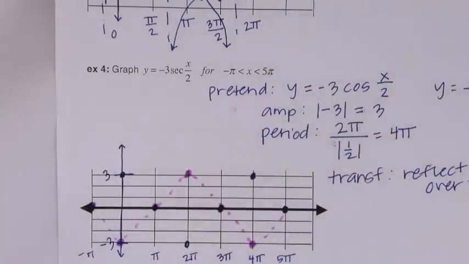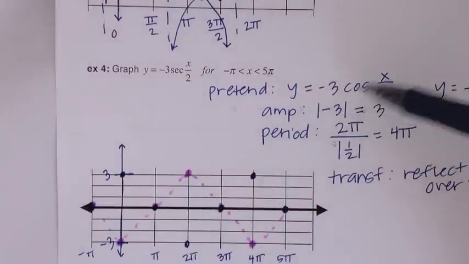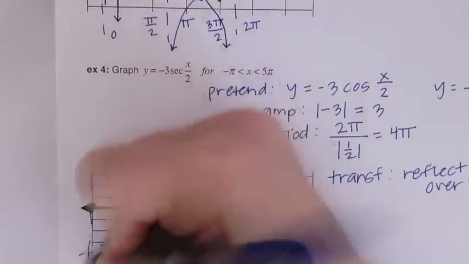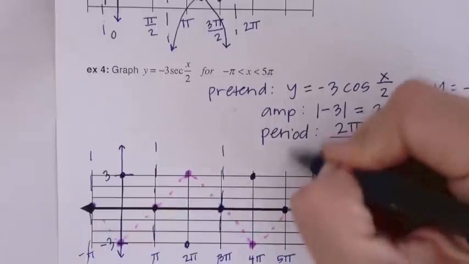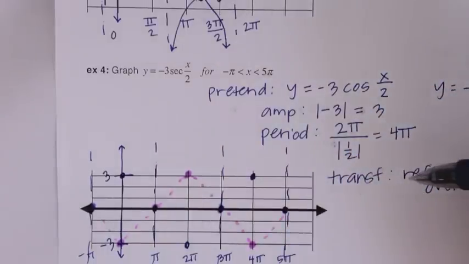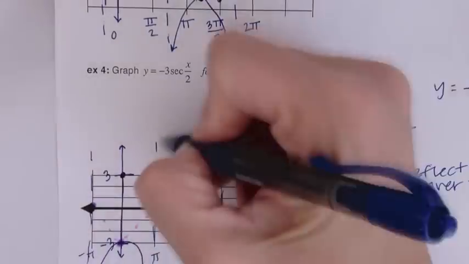They kind of look like V's, but when I draw my secant graph, it definitely won't. So there is my -3 cosine x over 2, and then I'm going to take all my x-intercepts and make them asymptotes. And I am going to take my minimums and make them maximums.